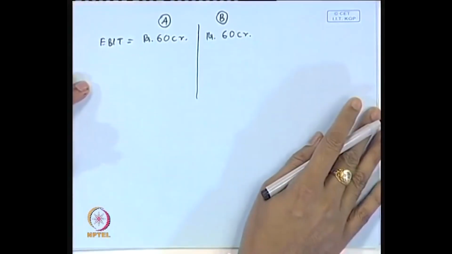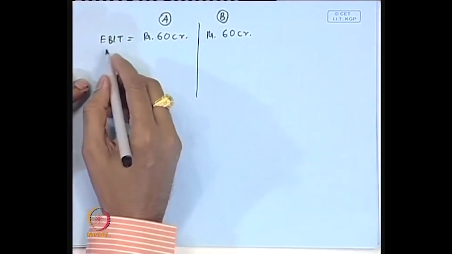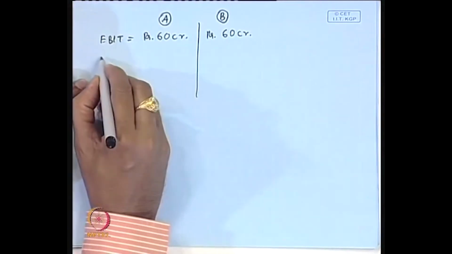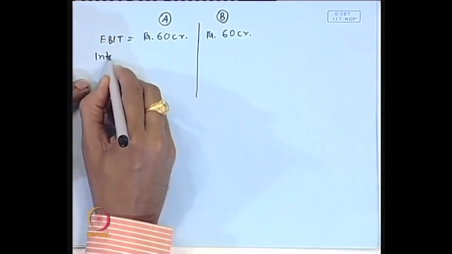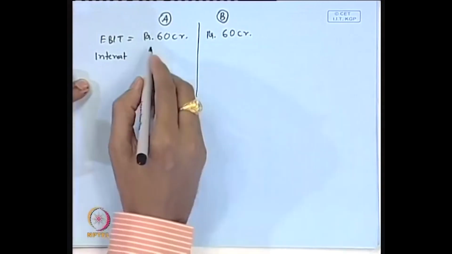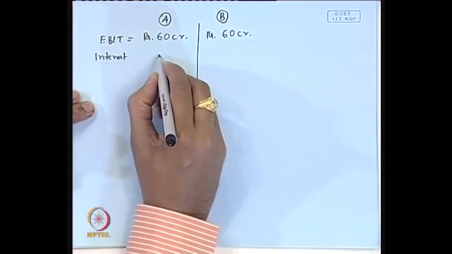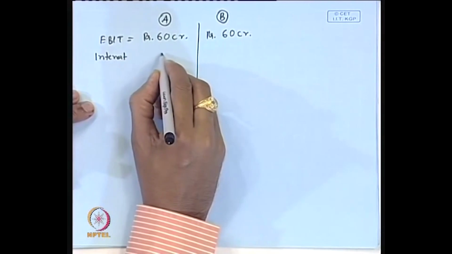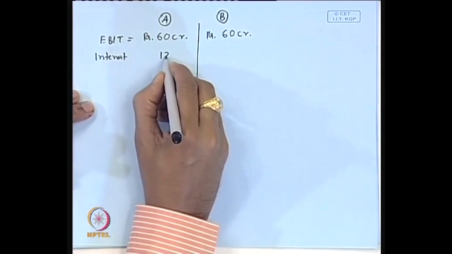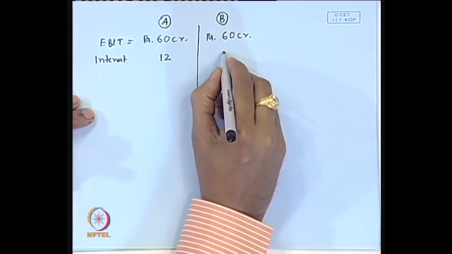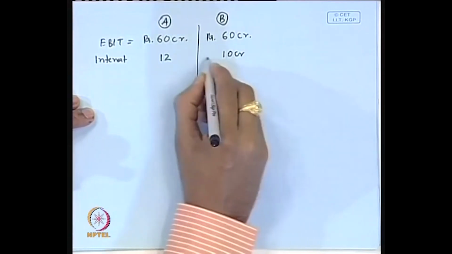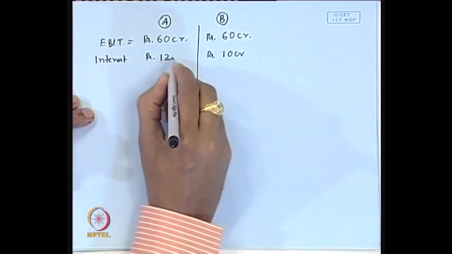Both companies have the same earnings before interest and tax, but because of the degree of leverage, interest rate, or the total debt raised, the interest amount for company A is, let us say, 12 crore, and for company B it is 10 crore.